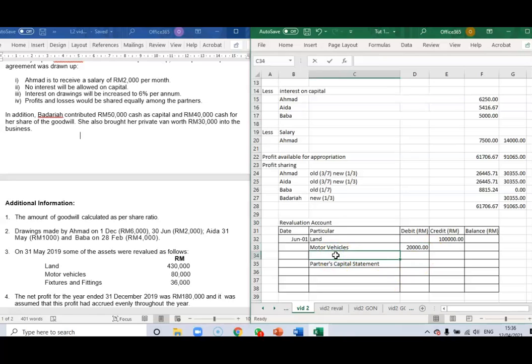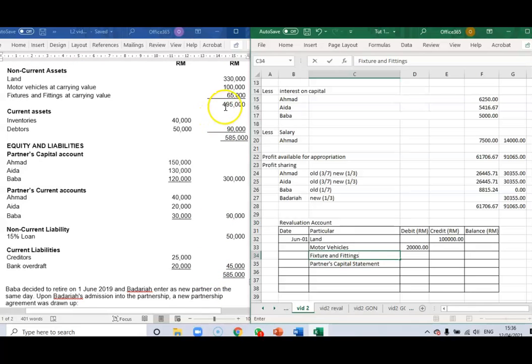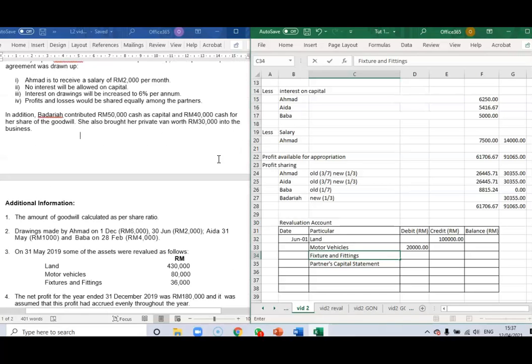And fixtures and fittings: the new value is 36,000 and the old value is 65,000, so there is a decrease in value.